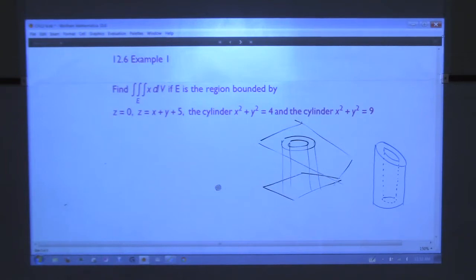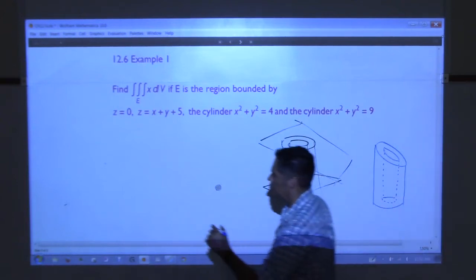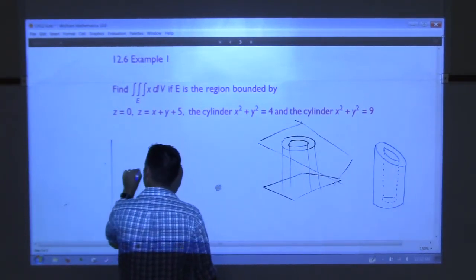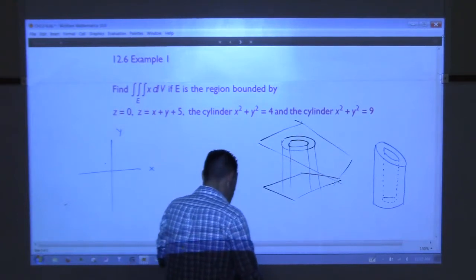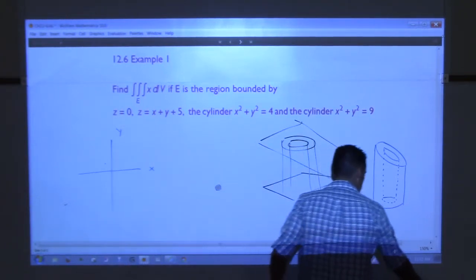Let's investigate the shadow on the ground. If we project light from the top down onto the XY plane, this thing is sitting on the XY plane, so our shadow is actually where it touches the XY plane. Here's our XY. What does it look like here? Two circles.